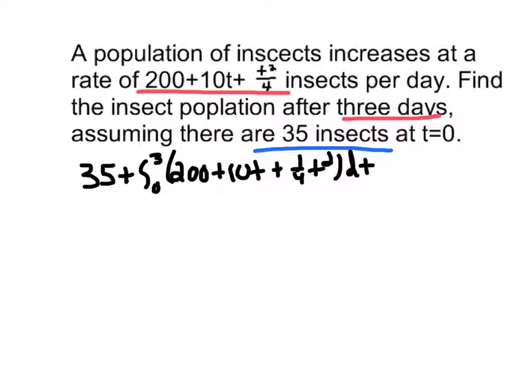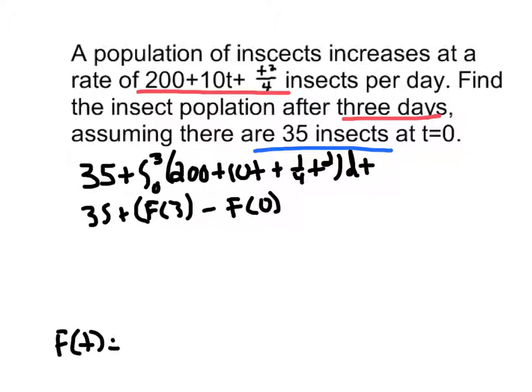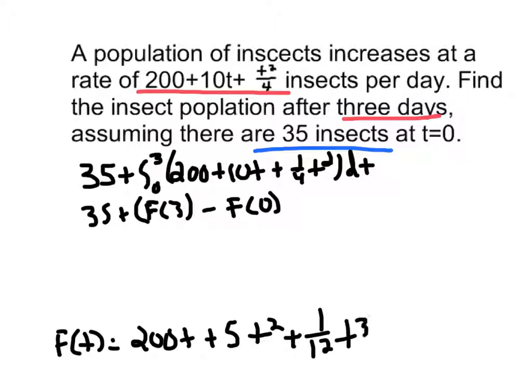So this is going to be 35 plus big F of 3 minus big F of 0. To find big F, big F of t is equal to 200t plus 5t squared plus 1/12 t cubed.